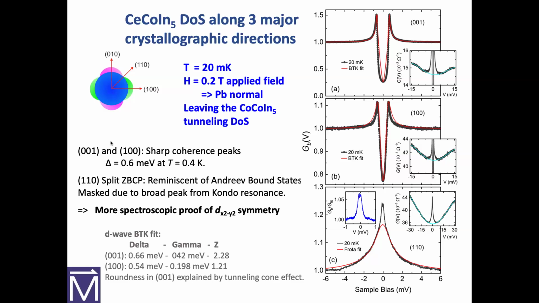Maybe it's a stupid question, but why don't you see it in the other two directions, different junctions? The explanation is this. If you have the surface of a 110 superconductor and electrons bounce off that surface, the electron starts out going in a plus order parameter direction, reflects and sees a minus order parameter.